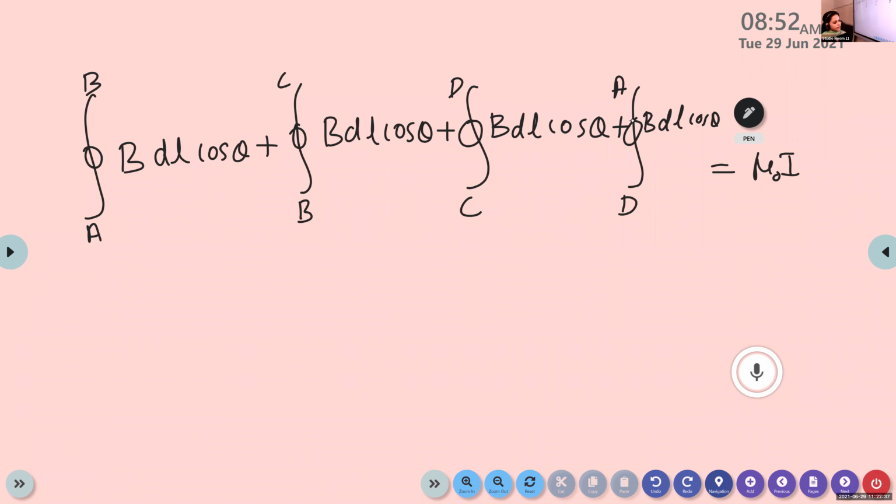And what does theta represent here? Here B is the magnetic field, dl is the length of the small line segment, and theta is the angle between the magnetic field and the line segment. So here we want to check the value of theta for all these sides AB, BC, CD and DA.